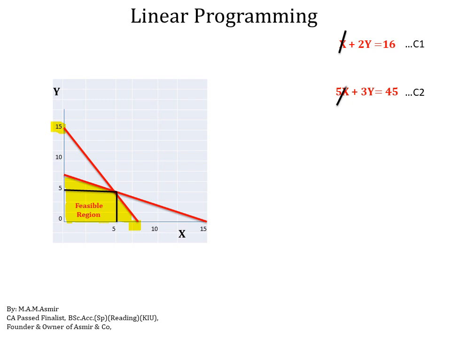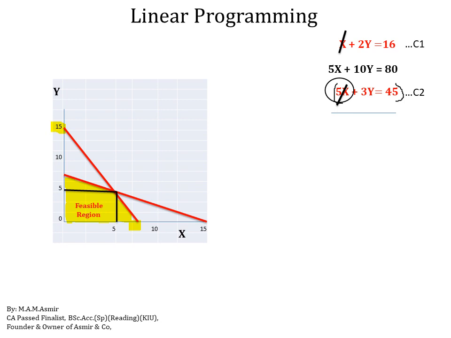Here are the two constraints. If I am to eliminate x, note that the coefficient of x in C2 is 5. Then I can simply multiply the first equation by 5 to give 5x plus 10y equals 80 and subtract C2 from the new equation.